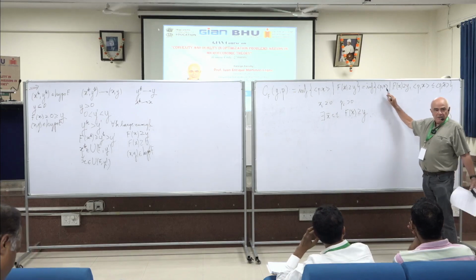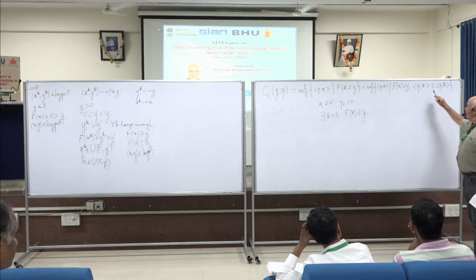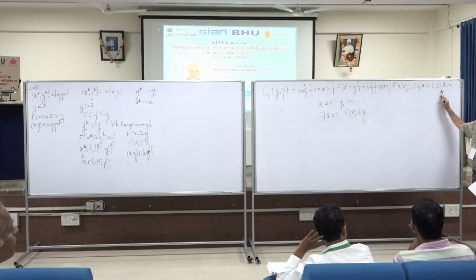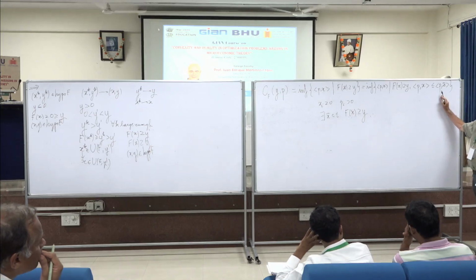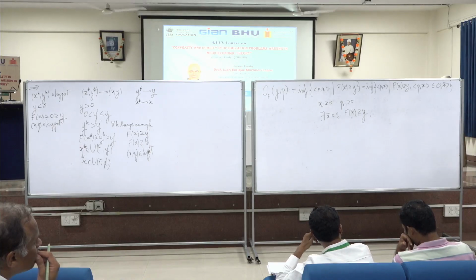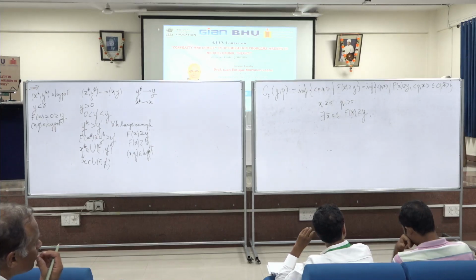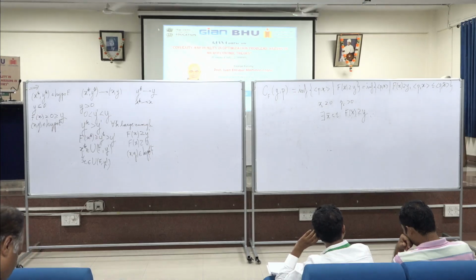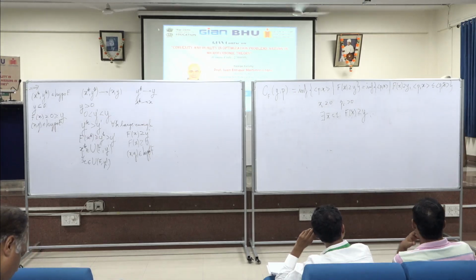Because we are minimizing p of x. Here we are simply imposing to be below a feasible value. If we are minimizing, this does not make any extra constraint. Do you agree or not? Feel free to disagree. I am inviting you to disagree. I think it's clear, but it may not be clear to you.